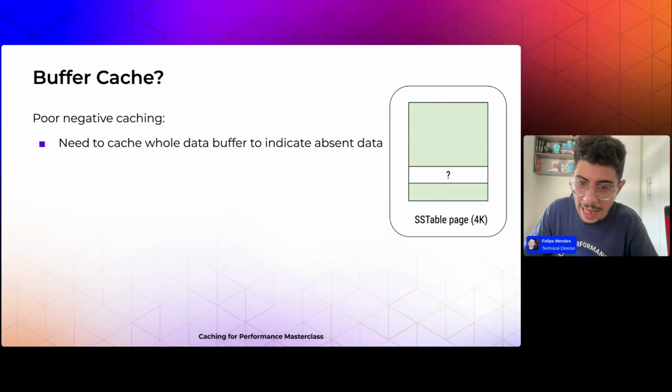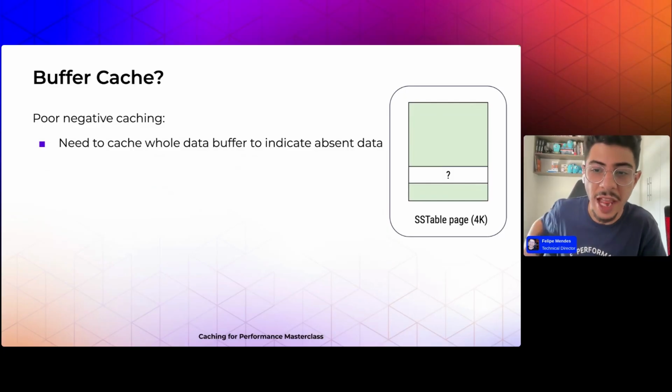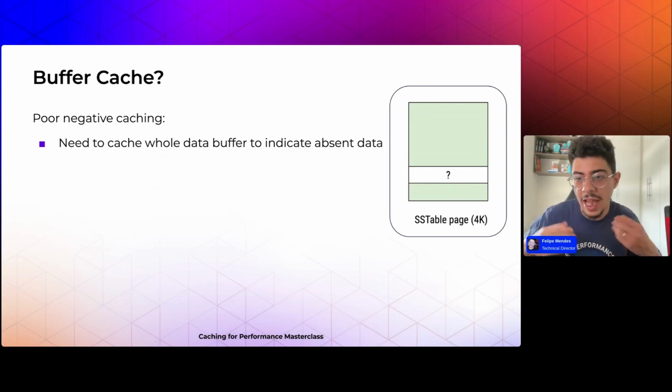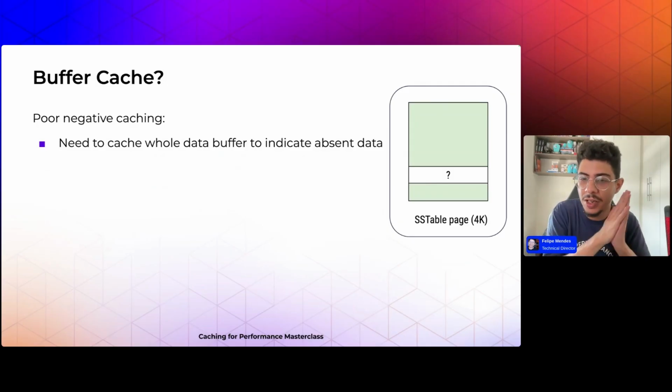Another problem that the buffered cache does not address is negative caching. If you don't have a key you are after, we would need to cache an entire page simply to indicate its absence. If the page gets evicted and a subsequent read requires reading from the same buffer, then we have no choice but going through disk again.